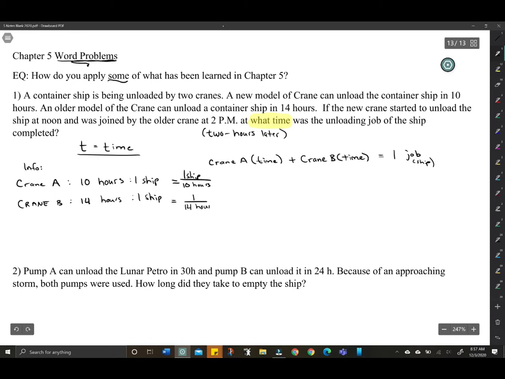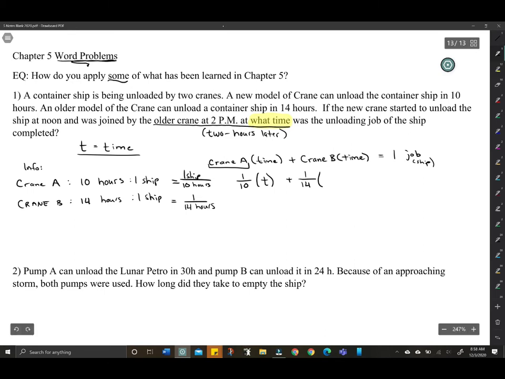With that being said, we can just plug something in here. So crane A, we also know it's equivalent to one ship in 10 hours. So we can think of it as 1 over 10 times the amount of time we worked. Now crane B, it's 1 over 14, and the amount of time, now remember, it was joined by the older crane at 2 p.m., okay?